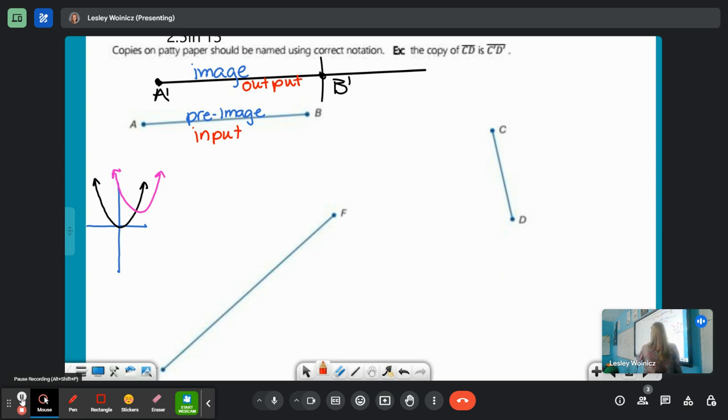If we were to make a table of input and output, A would be the input. What's the output? A prime. If B is the input, the output is B prime, and so on. Everybody okay with that?